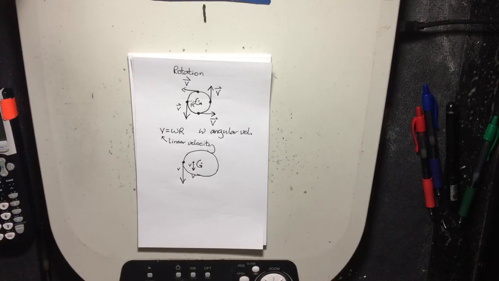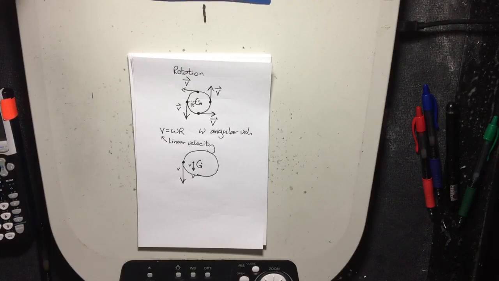The magnitude of the velocity doesn't change, because if it's going 5 meters per second to the left, over here it'll be 5 meters per second, 5 meters per second, 5 meters per second. But those arrows are not magnitudes, they're vectors. So does the vector change? Yes.